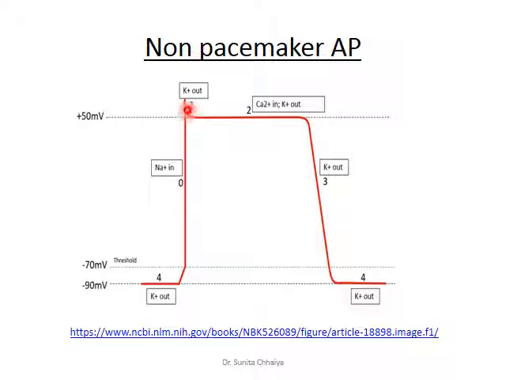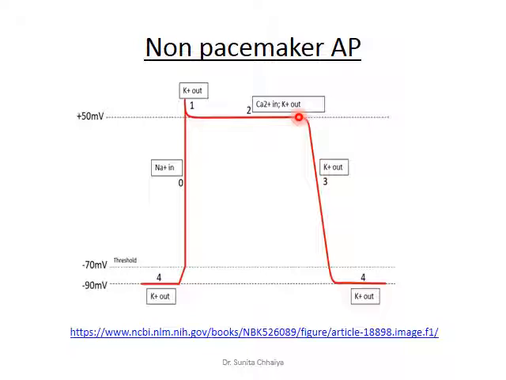And by that time, once the membrane potential is reaching towards 0 millivolt, there is an opening of the calcium channel. So phase 2 is known as a prolonged plateau phase, that is due to entry of calcium ion as well as outward movement or efflux of potassium ion.